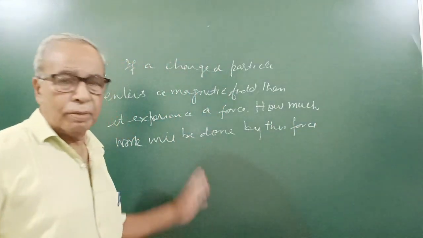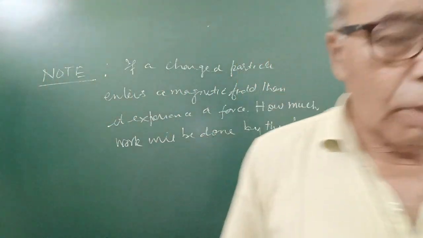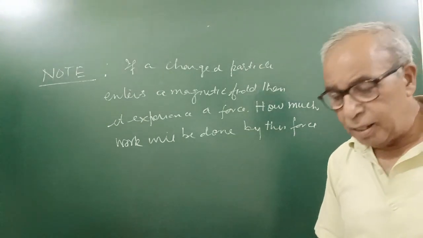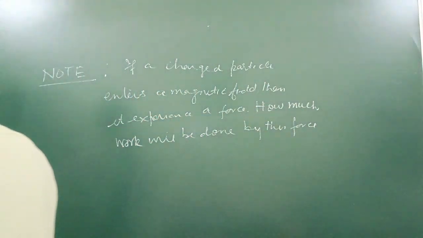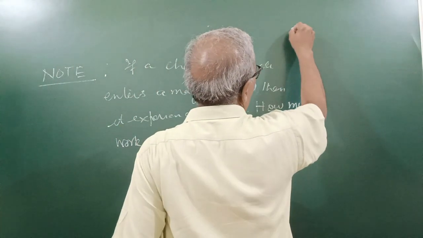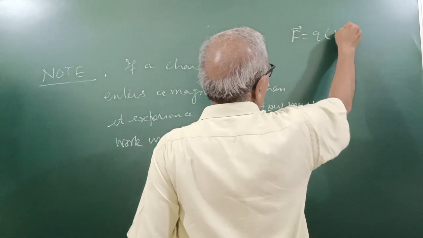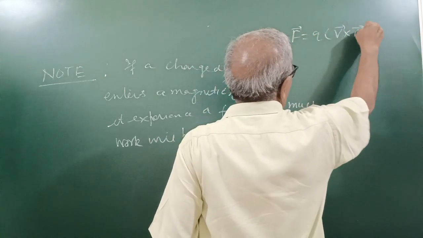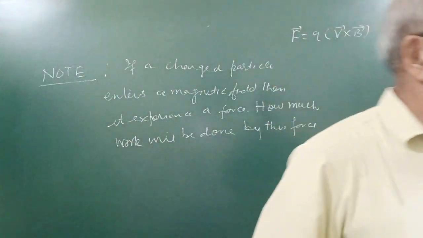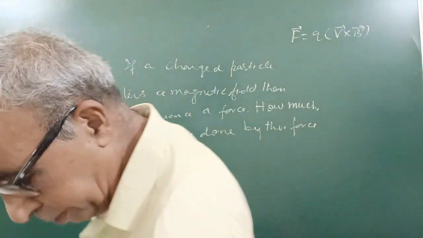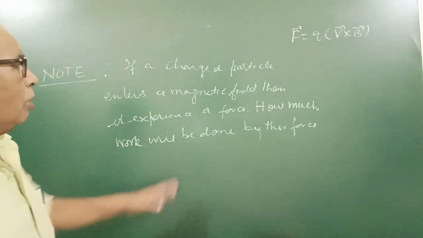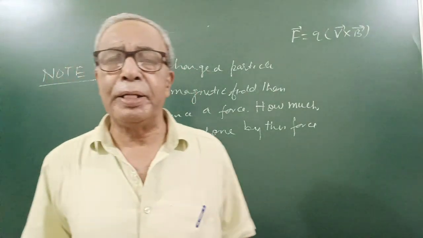I told it in the last video: when a charged particle enters a magnetic field, it experiences a force due to the magnetic field, the force vector equals q into v cross B. The students appearing in the exam asked me, sir, something is left in this question, you have not given the angle at which the particle enters the field.